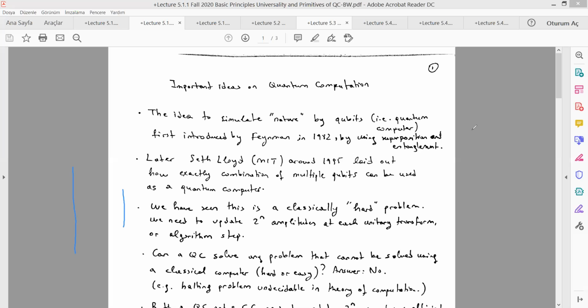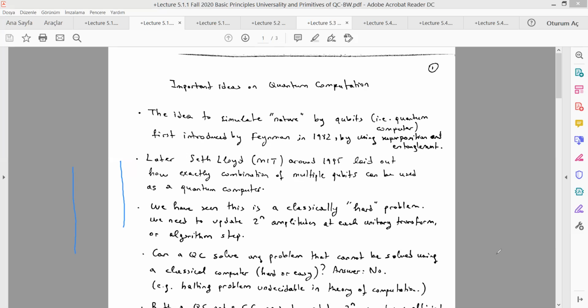And a question may arise: can a quantum computer solve any problem that cannot be solved using a classical computer, hard or easy? The answer is no. Undecidable problems in the theory of computation, for instance, the halting problem, it's an undecidable problem.